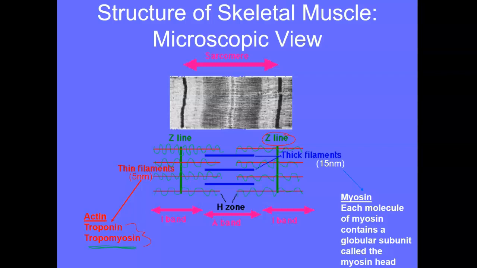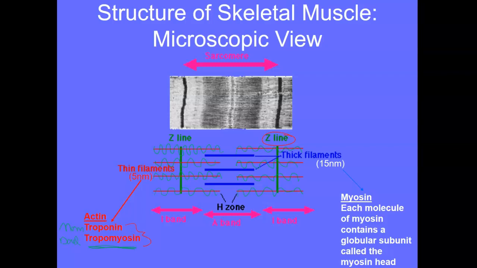Don't worry about how. What keeps them separated in a relaxed muscle? Well, troponin and tropomyosin. I think of this as mom and dad. So this is mom, troponin, and dad is tropomyosin. In other words, the parents get between the two younger individuals. I don't want to say teenagers, but you know, the two individuals that want to be together.